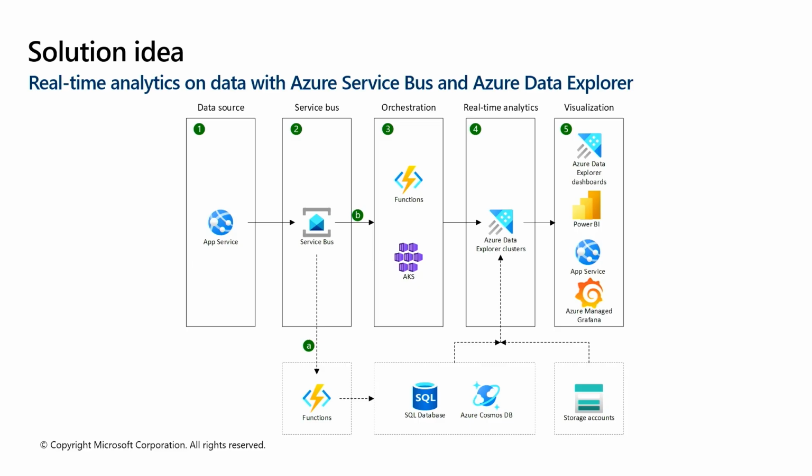Azure Data Explorer processes the data by using schema mapping and update policies, making it available through an API, SDK, or a connector for interactive analytics or reporting. Applications, custom services, or reporting services like Azure Data Explorer dashboards, Power BI, and Azure Managed Grafana can query the data in Azure Data Explorer in near real time.